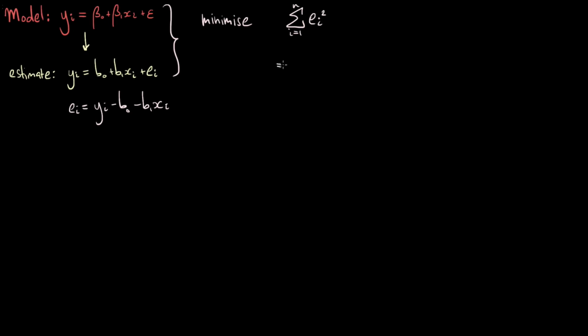We can substitute this equation in for the ith error. We can write this as the sum from i equals 1 to n of yi minus b0 minus b1 times xi, all squared, just like in the equation above.